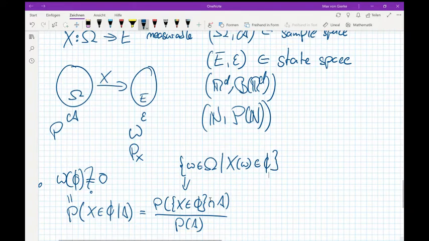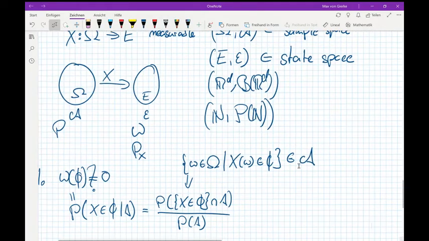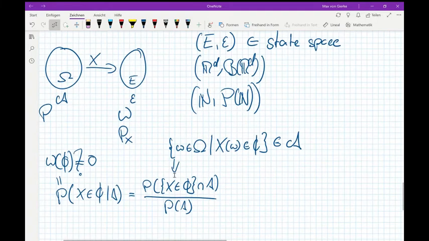So this is what this set means, and here it's more clear that this is an element of the sigma field of our sample space. This is the reason why it's meaningful to have this intersection here.